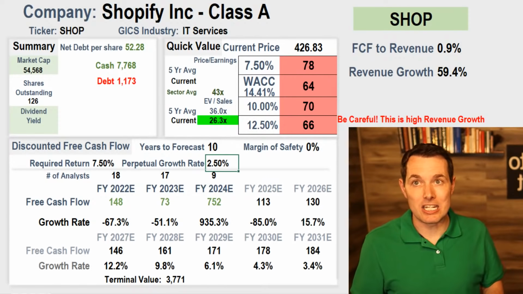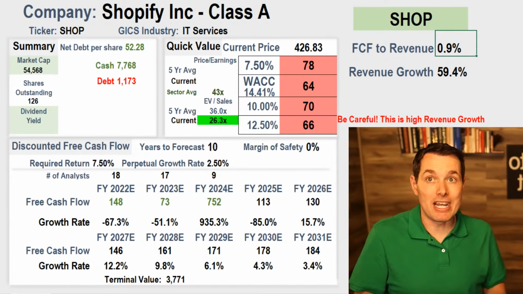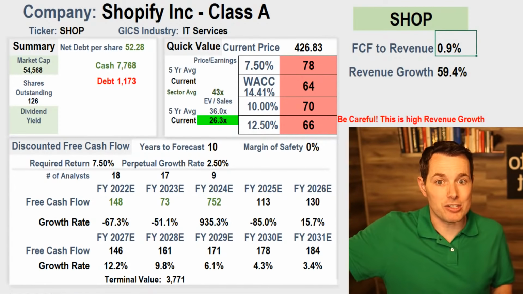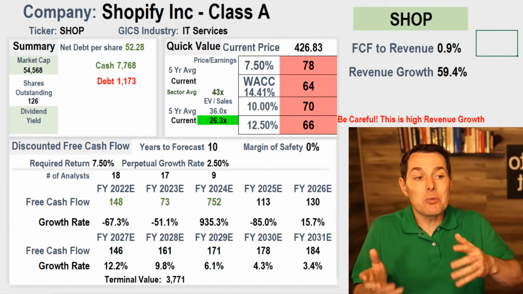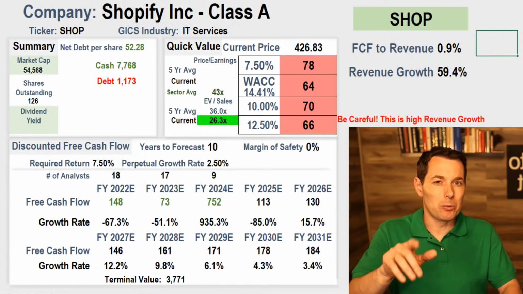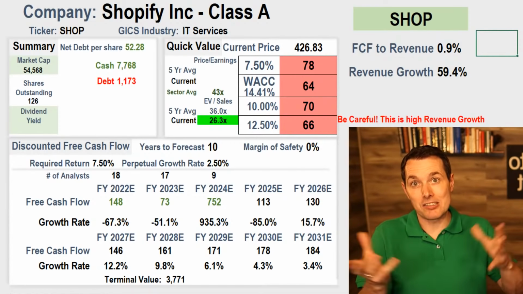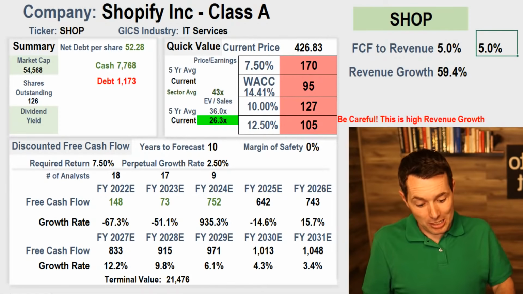Maybe you go out 10 years and you get more accurate numbers. Our numbers aren't going to be that accurate right now because we're using 5-year averages. So that's 1%. But free cash flow to revenue might not be 1%. You might have to look at the industry average and maybe say, oh, by the way, we'll get the industry average up on the website so you can just see it there. You might say, you know what, that's going to be 5%, or that's going to be 15%.